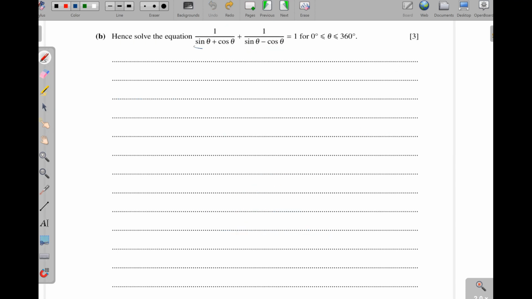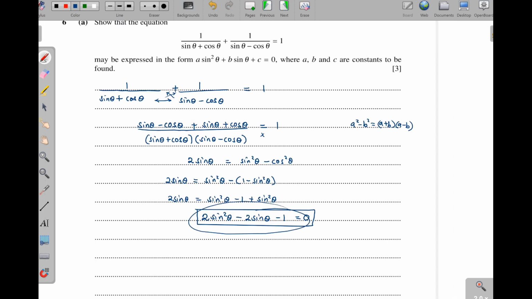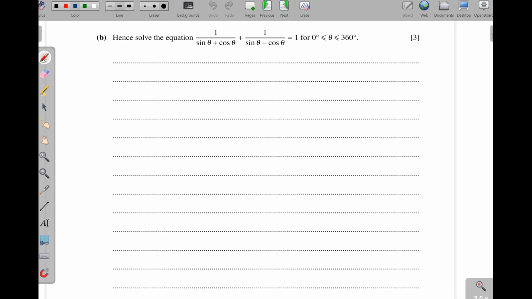Now, this equation here, we actually got this. So we shall write 2 sine squared theta minus 2 sine theta minus 1 equal to 0. This is a quadratic in sine theta.